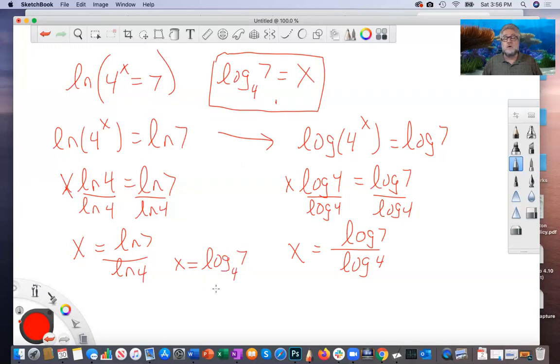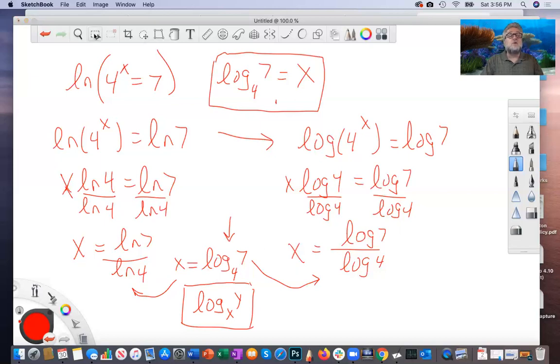Oh, so this is a way we can change bases. If I get something ugly like this, and I have to evaluate it, and I don't have a log to the base b of a button on my calculator, you are out of luck for evaluating this. But you can change this to be like that, or you could change it to be like this.